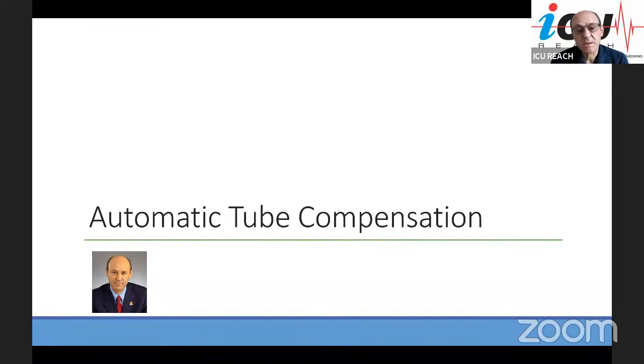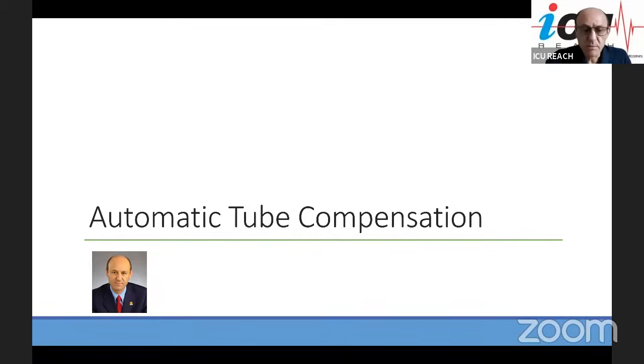I'm going to discuss in detail automatic tube compensation, so we understand it as intensivists, and you'll be able to manage the patient on the ventilator in a better way once you understand how it is implemented, how we do it, how it affects our pressure on the ventilator. And of course, I'm not going to talk about the evidence behind it in terms of whether it's associated with good outcome or not.